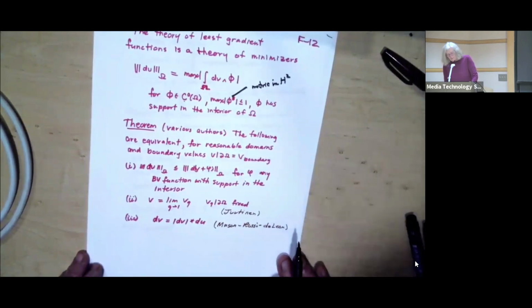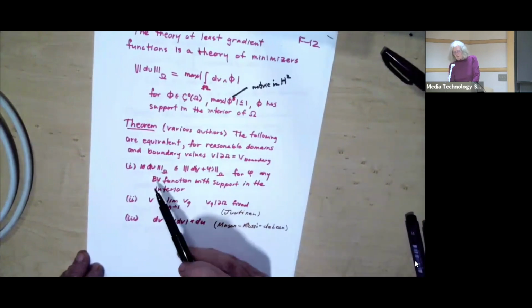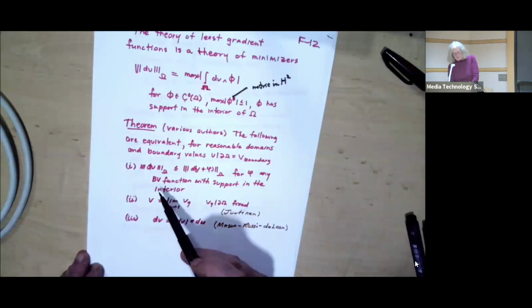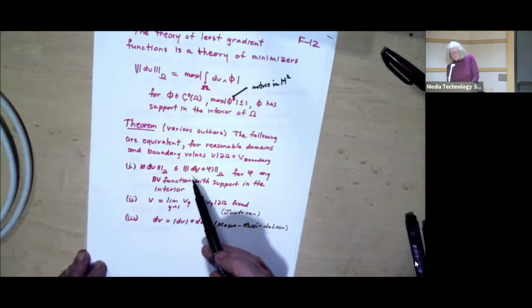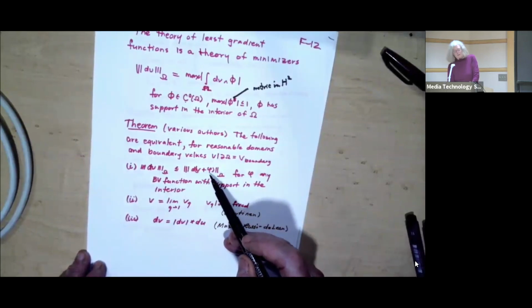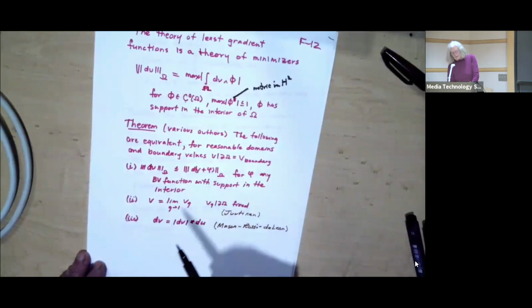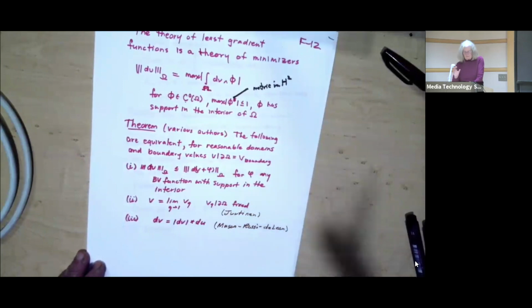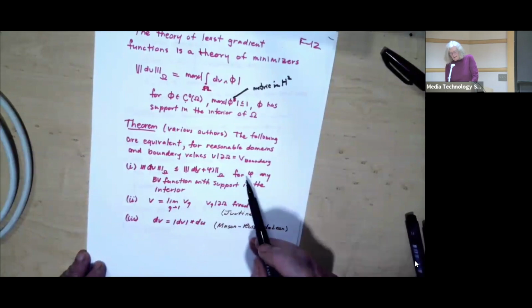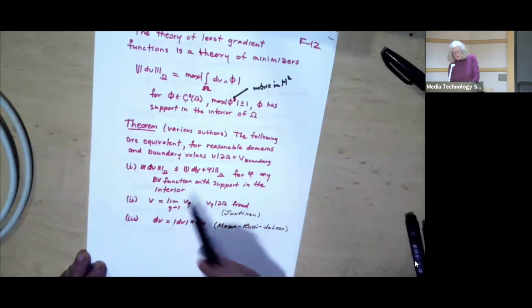First of all, the definition depends on how you define it, but the definition is one in which the BV norm of V is less than or equal to the BV norm of V plus a function which has zero boundary data. So this agrees with V on the boundary, or in a neighborhood of the boundary; there's a slight difference in that, which turns out not to be important. And phi is any BV function with support in the interior.